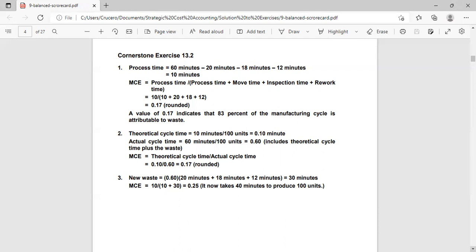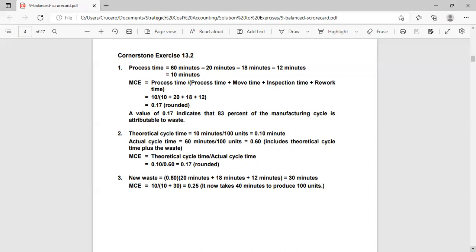The MCE, or manufacturing cycle efficiency, is equal to process time divided by process time plus move time plus inspection time plus rework time.